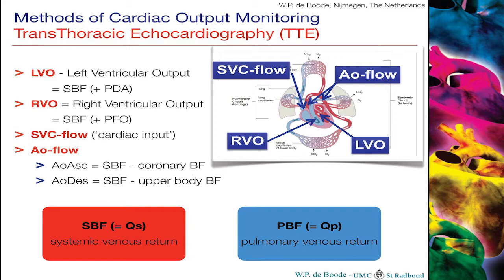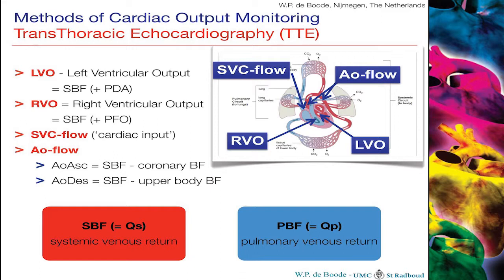That's why the SVC flow was introduced, because the SVC flow is not influenced by these fetal channel flows, but you don't measure all cardiac input, but only the cardiac input from the upper body.